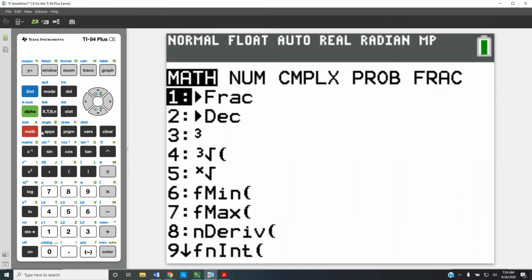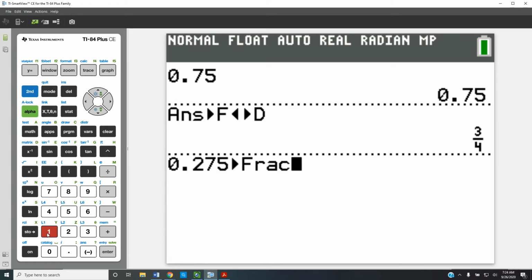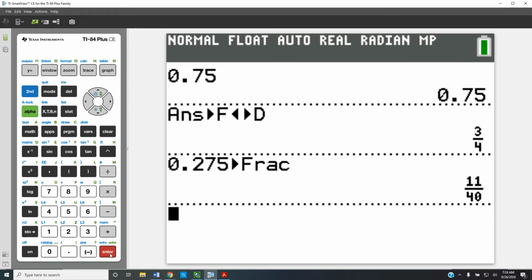Number 1 says make me a fraction. Number 2 says make me a decimal. I already have a decimal, so I'm going to make it a fraction. I hit enter, and it automatically makes 11/40. Again, the two places I did that were alpha y equal or the math function directly. Both of them do exactly the same thing.